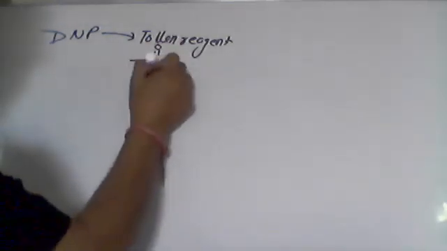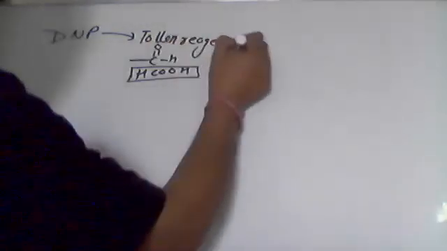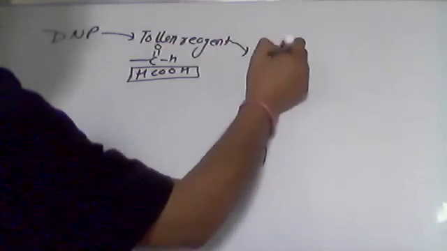It is specific only for aldehydes and gives the silver mirror. An important thing: formic acid, the first member of the carboxylic acids, also reacts with the Tollens reagent to give the silver mirror.